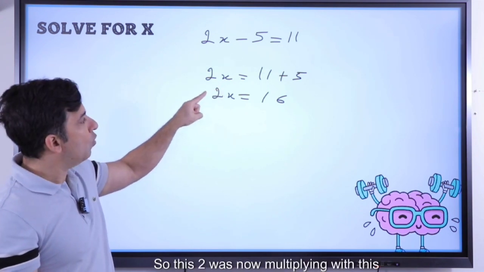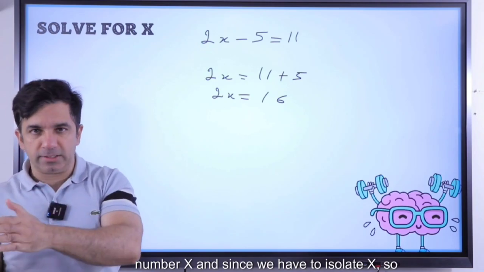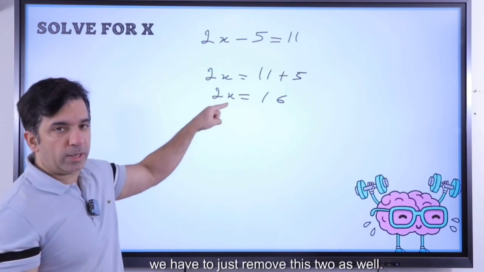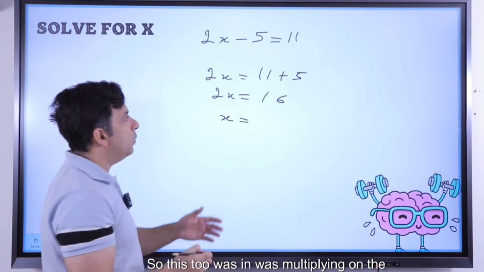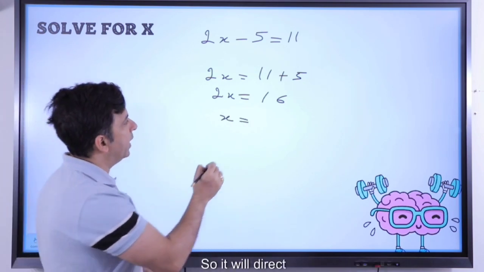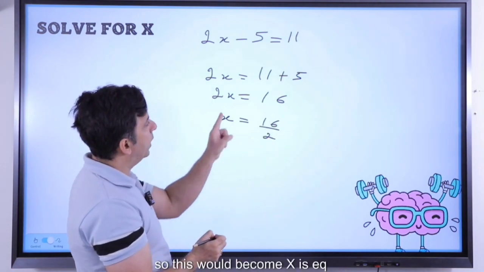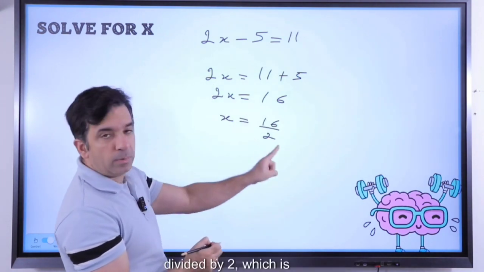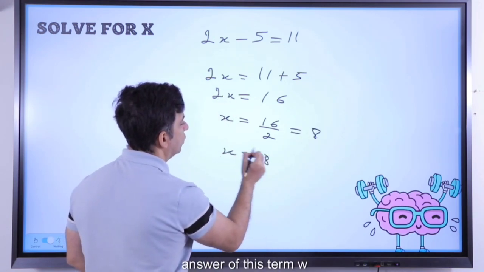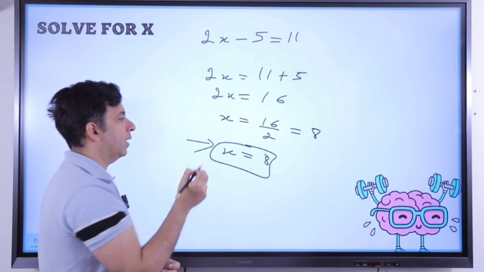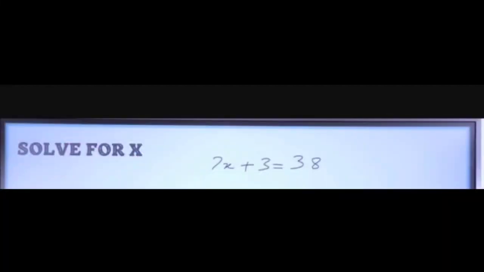So this 2 was now multiplying with this number x, and since we have to isolate x, we have to just remove this 2 as well. So this 2 was multiplying on the left hand side, so it will directly go into division on the other side. So this would become x is equal to 16 divided by 2, which is 8. So the final answer of this term would be 8. This is my answer. Now solve the next one.